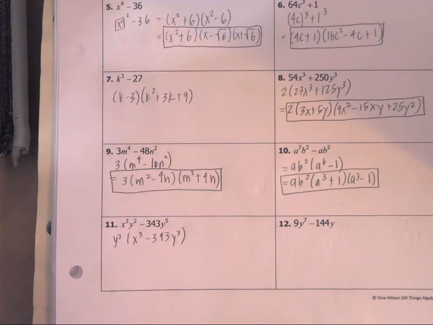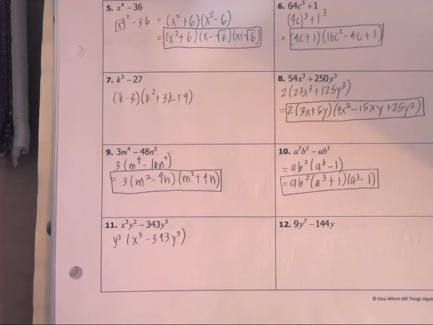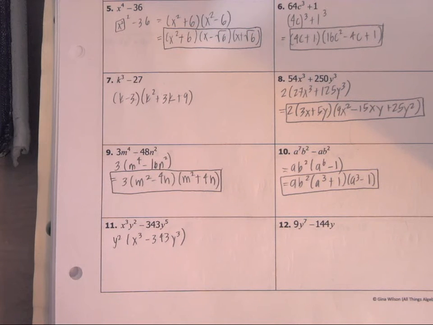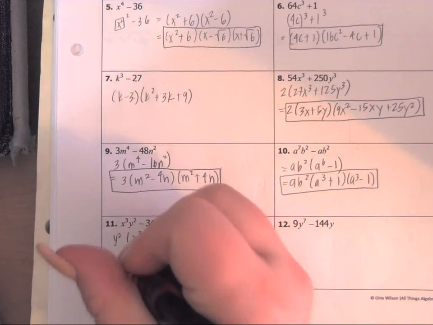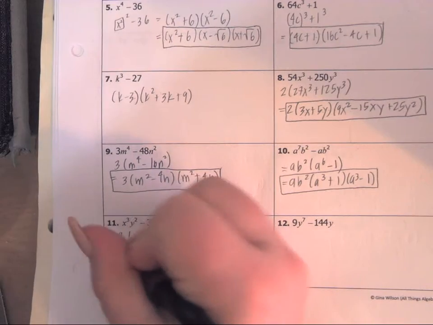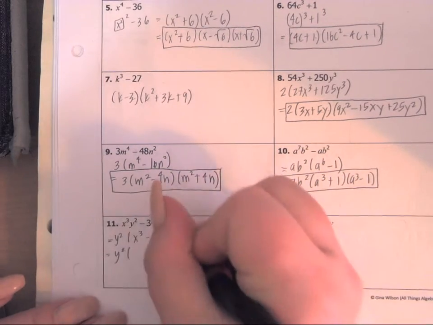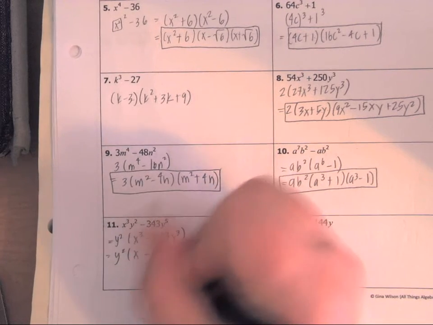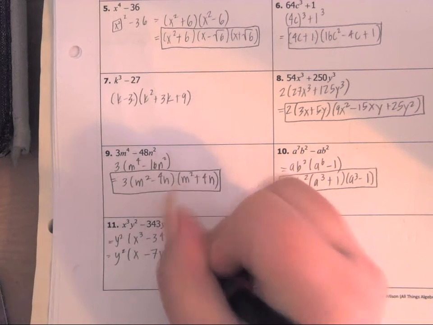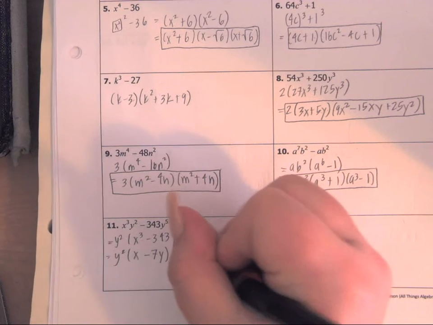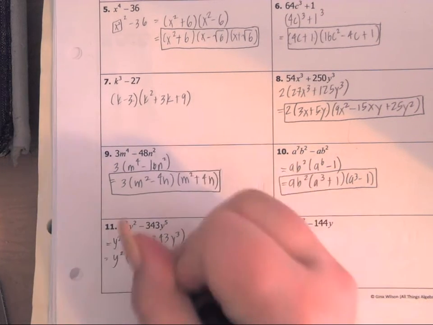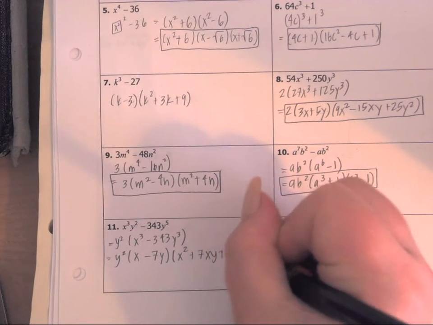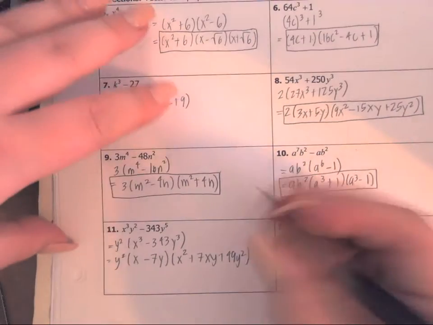And then 343 is 7 cubed, so it's y squared, and then this is a difference of cubes, so it's x minus 7y, and then this squared, x squared, these two times each other, so plus 7xy, and then that squared, 49y squared.